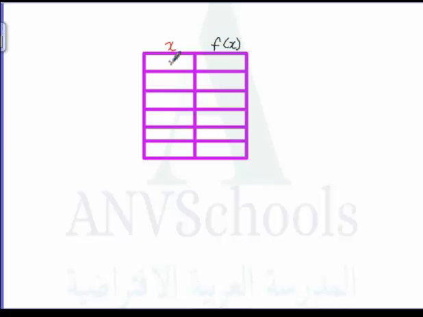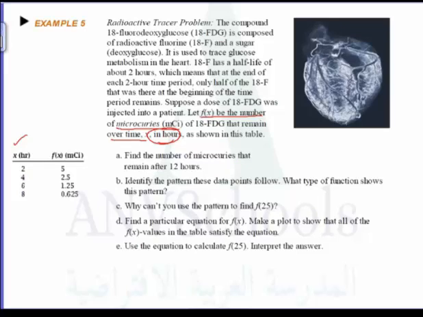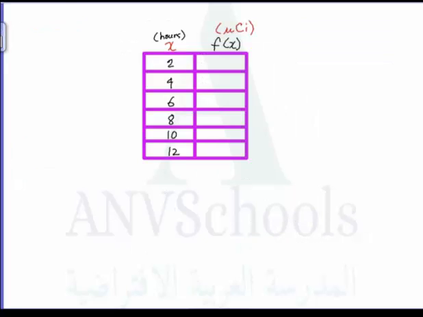The first x value is 2, then 4, and our x is in hours, 6, 8, 10, 12, etc. And our f of x is in microcuries, so MCI. Okay? So if our x is 2, we have 5.